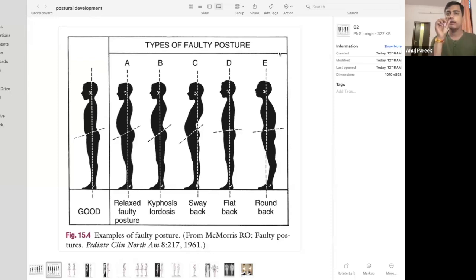If there is any problem, any compression in these two, it can change how you think, how you act, how you react, how angry or irritated you can become. It all depends on the cervical. These are very important things.